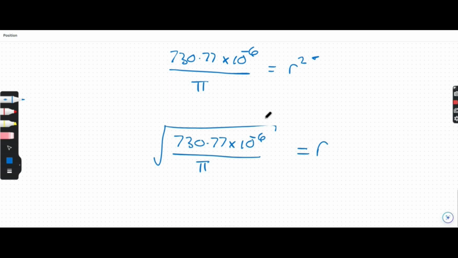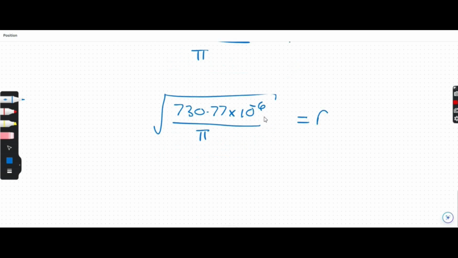And I know that diameter is radius times 2. Radius times 2 gives you diameter. So all I've got to do is work this out and times it by 2.